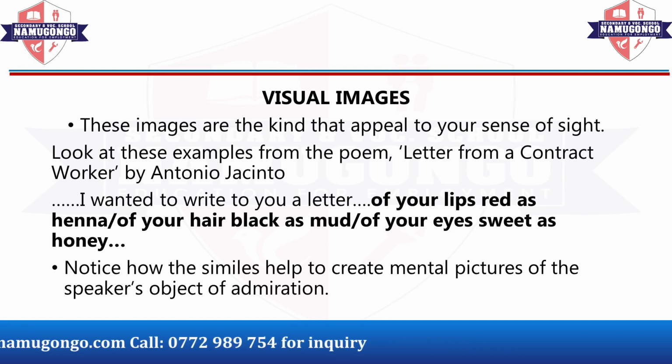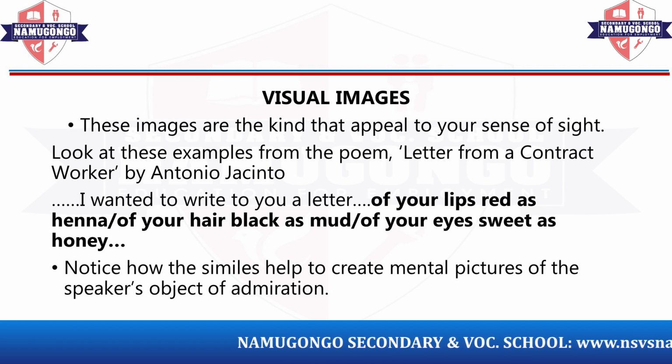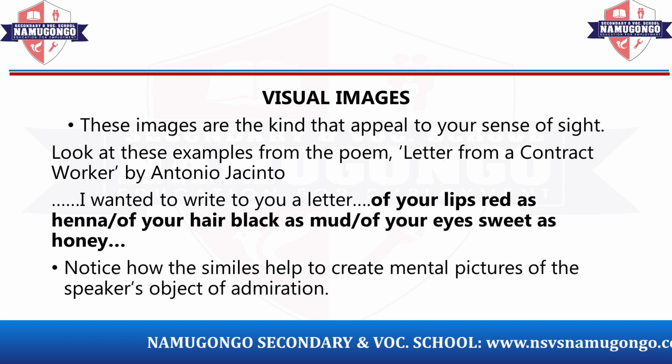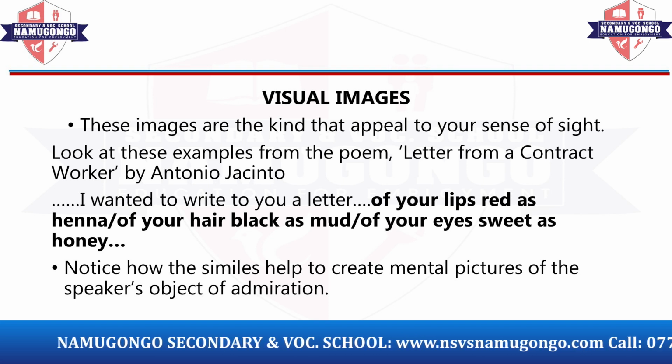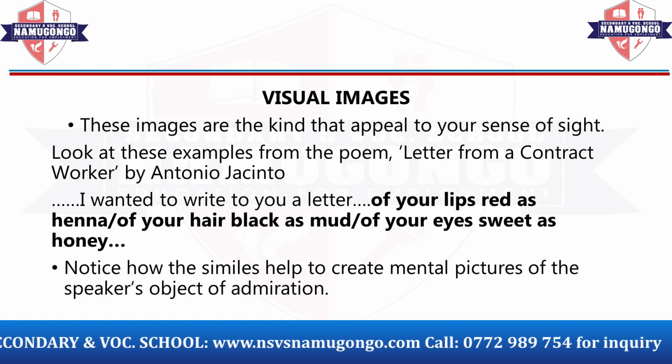So girls and boys, we can already see that the lips of the object of this speaker's admiration are red. We all know the color red, and we are already picturing, wow, this woman must be having red lipstick or naturally red lips. She also has black hair, not brown, not blonde, but black hair.